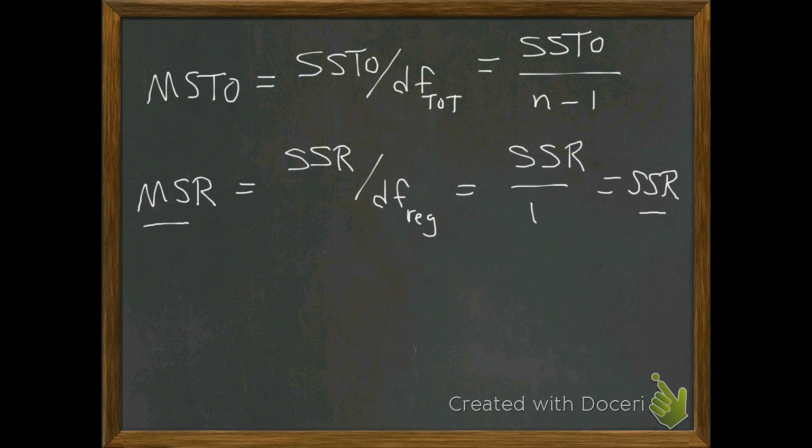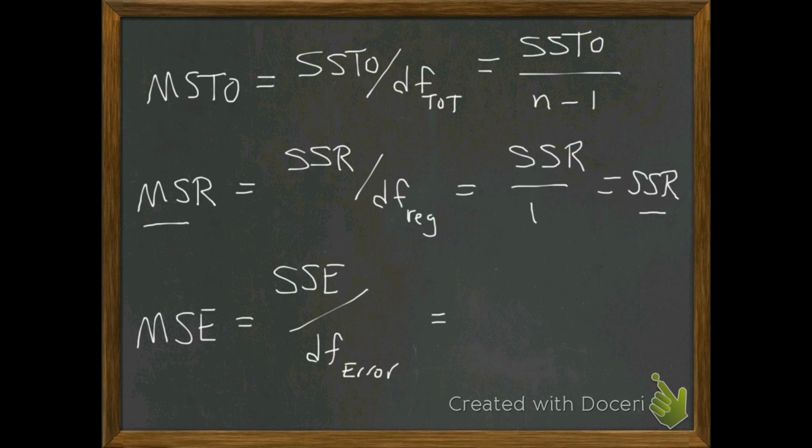It's just the sum of squares for the regression. And finally, we want to look at the mean square for the error. That's nothing more than the sum of squares for the error divided by the degrees of freedom for the error, which is the sum of squares for the error over n minus 2.